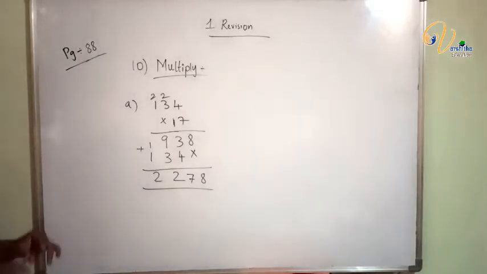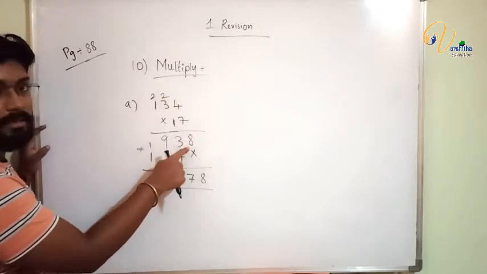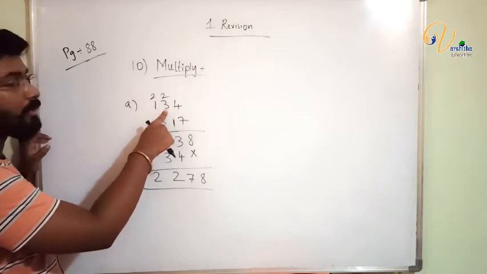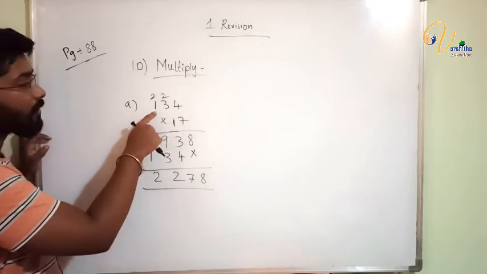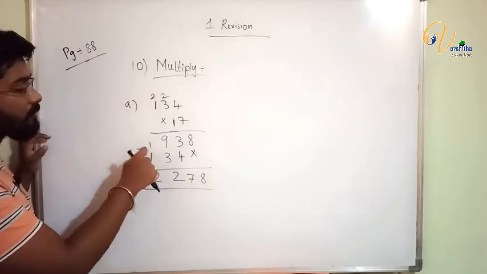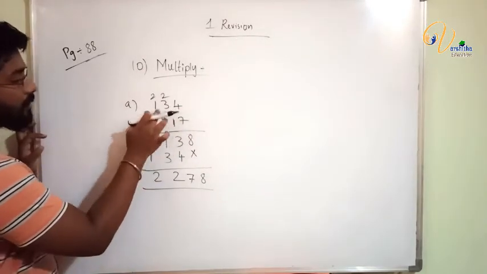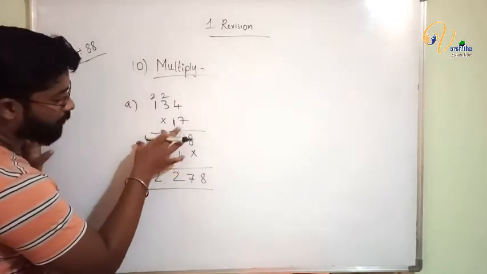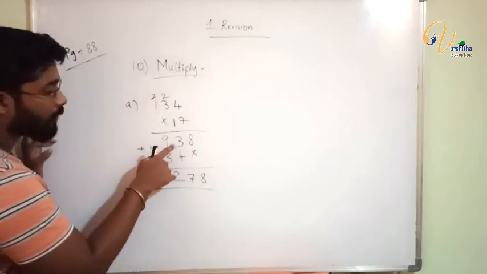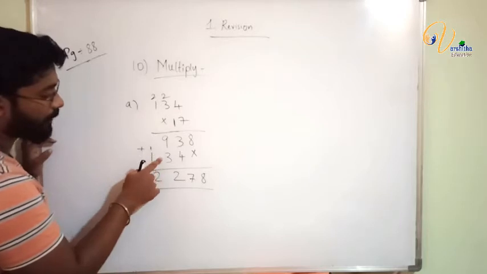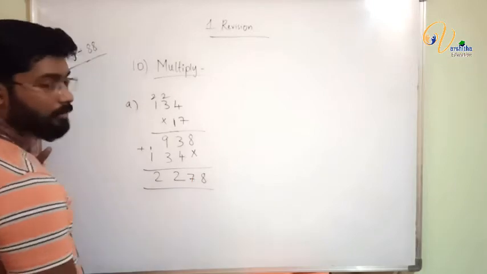Once again we will check whether we did it correctly or not. 7 4s are 28, 2 carry 8 here. 7 3s are 21, 21 plus 2 carry, 23. 7 1s are 7, here 2 carry we got 9. Next you have to do with 1. 1 4s are 4, 1 3s are 3, 1 1s are 1. Okay, here you have to add both. 8 you got here, 3 plus 4, 7, 9 plus 3, 12, 1 carry, 1 plus 1, 2, 2, 7, 8.